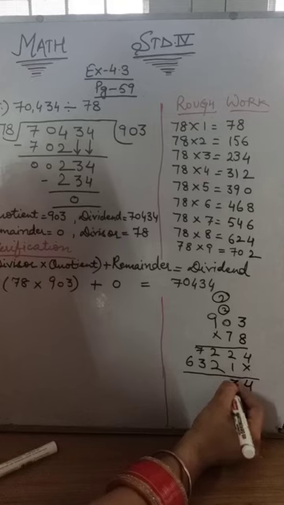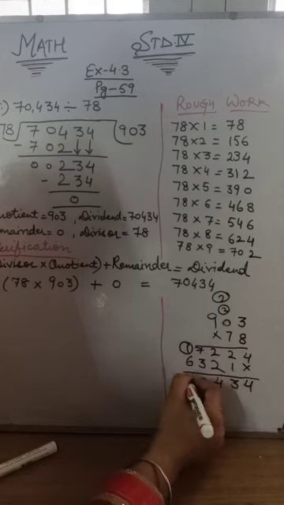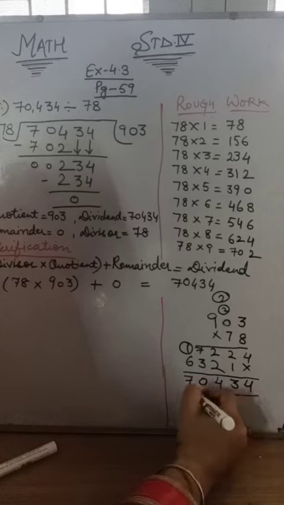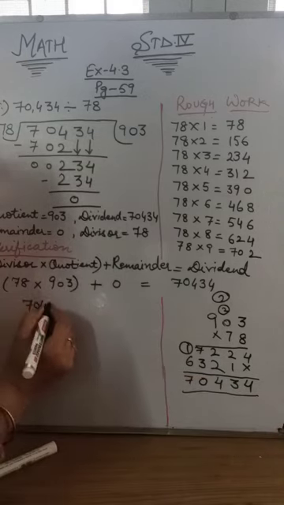Adding: 4, 2 plus 1 is 3, 2 plus 2 is 4, 7 plus 3 is 10, 6 plus 1 is 7. So the answer is 70,434 plus 0. If we add 0, the same number will come, so no need to add. It equals 70,434. Both the sides are equal, so we can write hence verified.